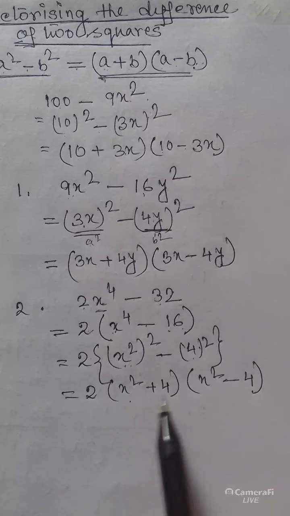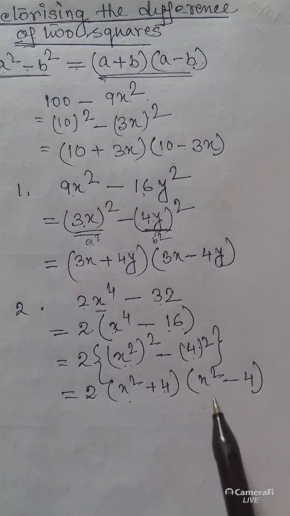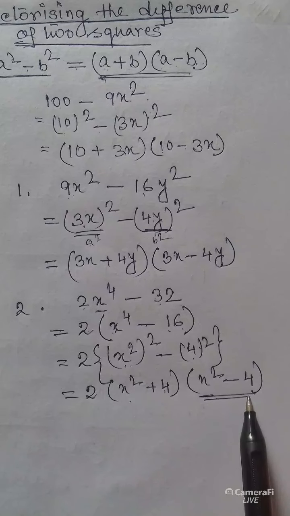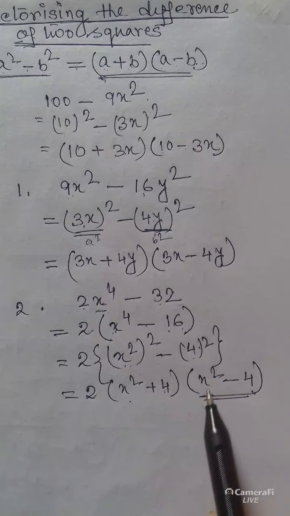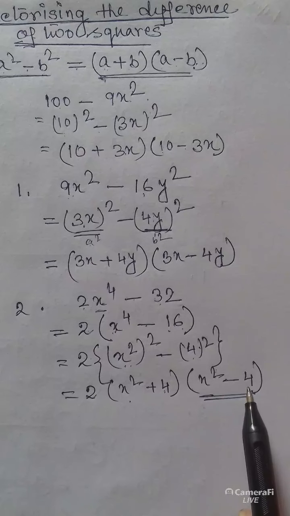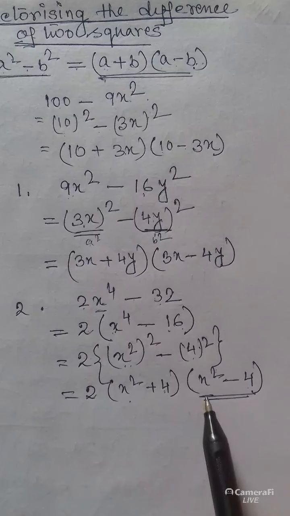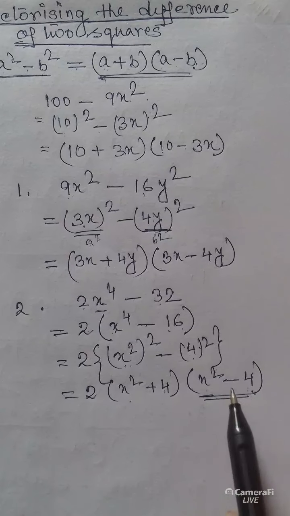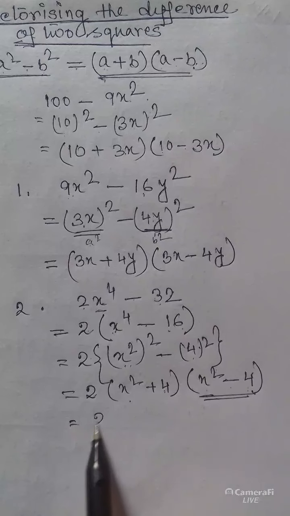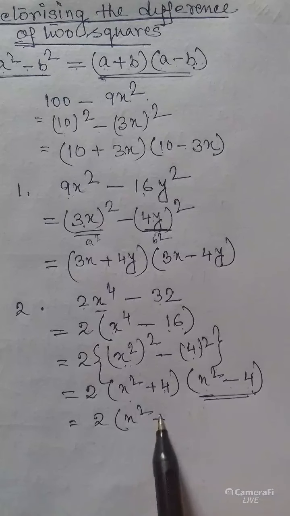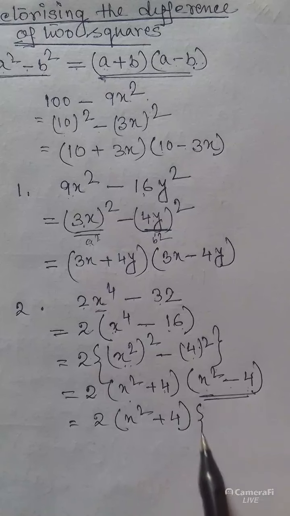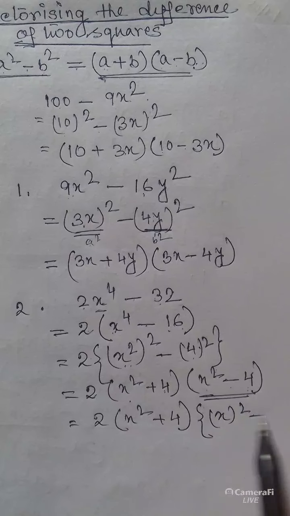Here this is also a difference of two squares. x square is x square and 4 means 2 square. So here also we have to factorize again. So 2 times x square plus 4 as it is, and x whole square minus 2 whole square.